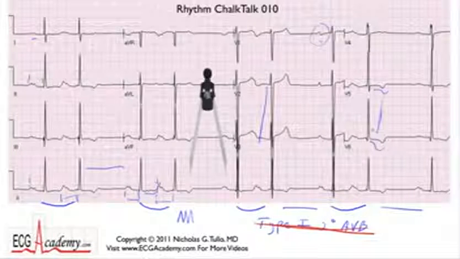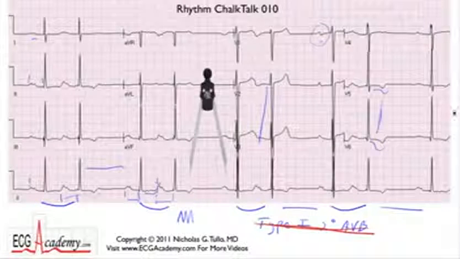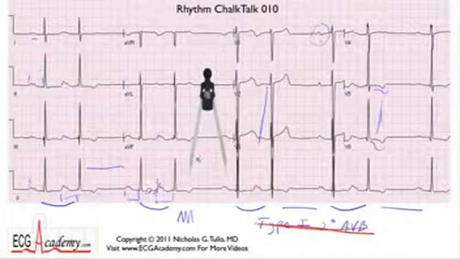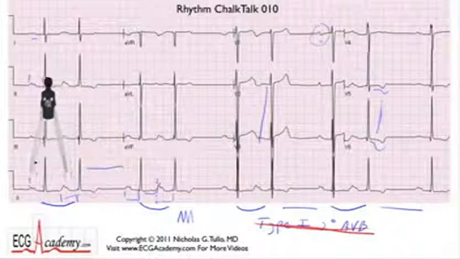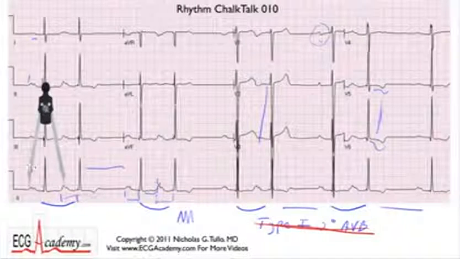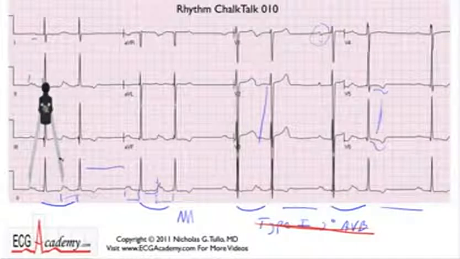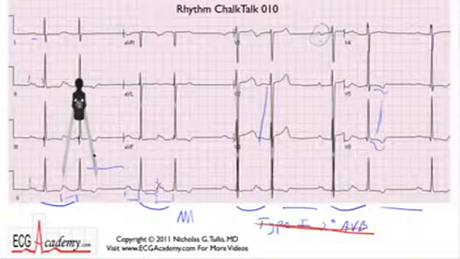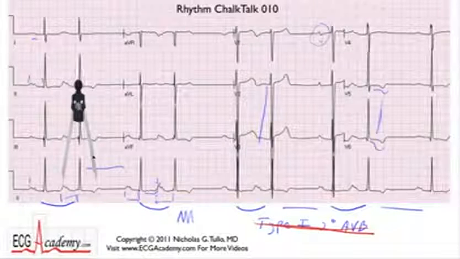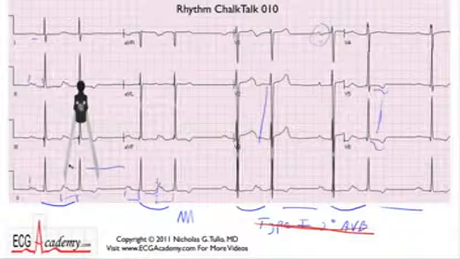What should we be looking for with our calipers? Well, let's look at the P to P interval. So we'll come down here. So there's more or less the P to P interval, right? And so let's look at the next sinus P wave, and wait a minute, where is it? Hold on. We know that there's a nice smooth T wave here.